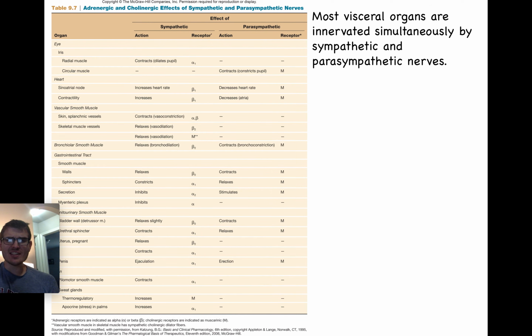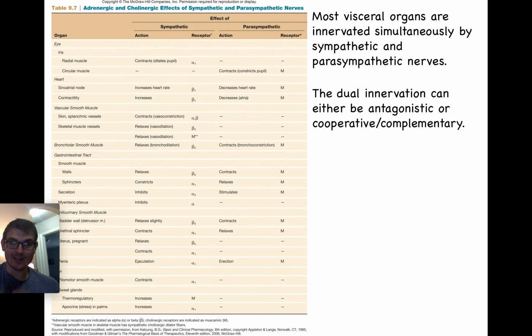So this slide right here is not really anything terribly new. This table probably looks a little bit intimidating, so I'm not going to hold you to memorizing which types or subtypes of receptors go where, so don't worry about that. What you're really seeing here is a reinforcement of the idea that most visceral organs, being organs that are under autonomic control, are dual innervated.